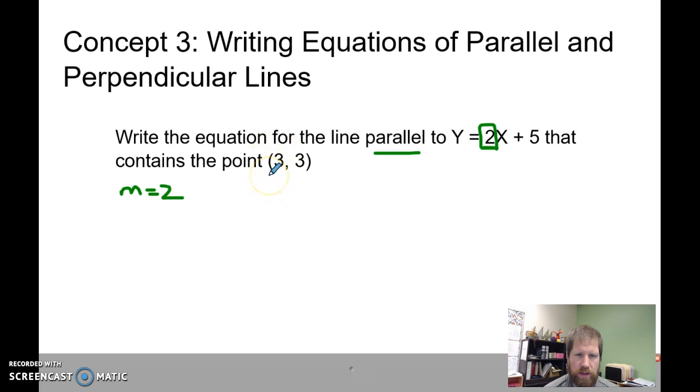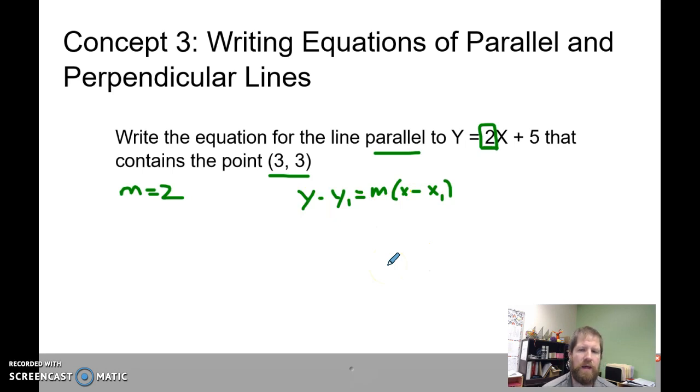And then we want the one that is going to go through this point. So it's going to have a slope of 2 and go through this point. We can use our point-slope form right now to write our equation, and then transfer this into slope-intercept form.